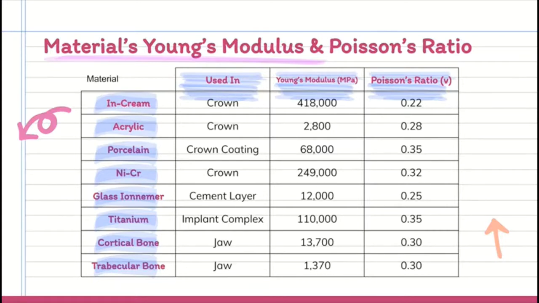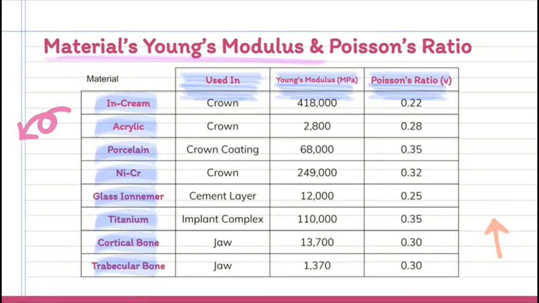However, the implant and the crown are made out of a few materials. The crown is made out of in-ceram, which has 418,000 megapascal with a Poisson's ratio of 0.22.